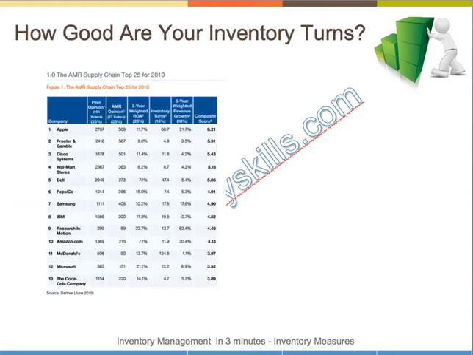How good are you at inventory turns? Well, there's a lot of published data about what companies are achieving. Here's one from the Gartner Group in 2010. And it lists, amongst other things, the inventory turns that these companies have.